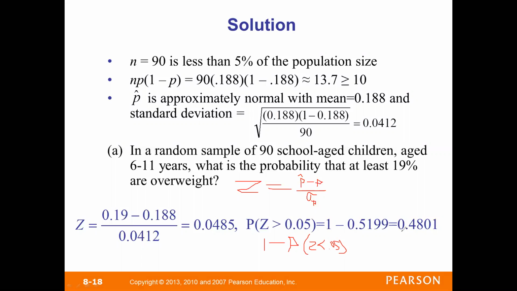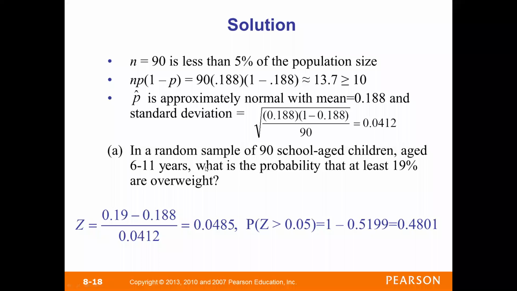So we end up with an overall probability that at least 19% are overweight of 0.4801. So there's a 48% chance that at least 19% of the population is overweight. So now let's move on to our next one.